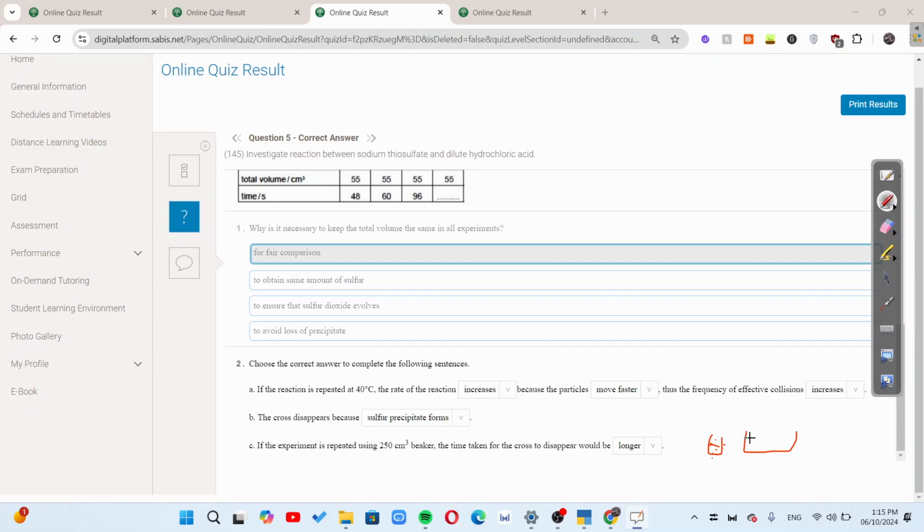Whereas here, if this particle wanted to reach this wall, it's going to take way longer than if this particle wanted to reach this wall. So this here is less, and considering we have the same number of particles, this is going to take way longer.